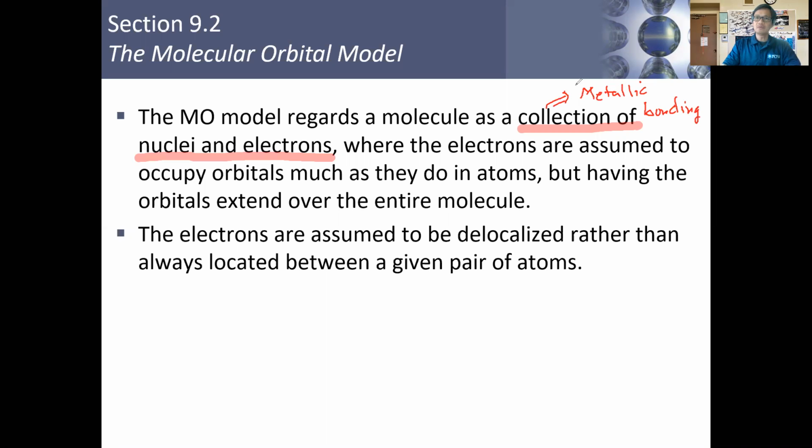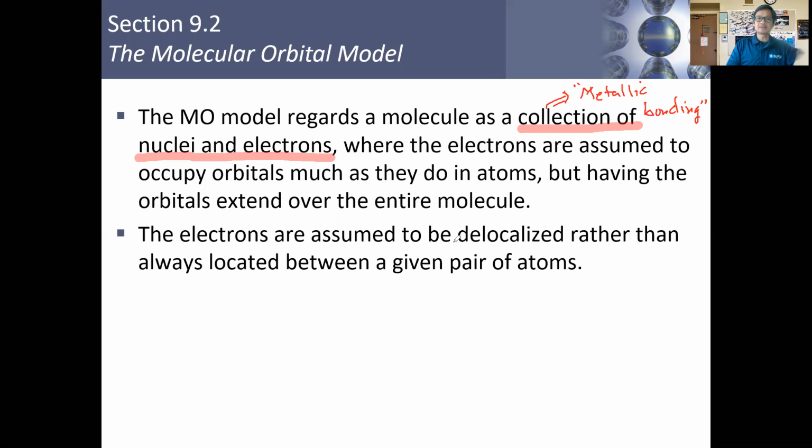And so the molecular orbital theory treats these molecules as a collective. It's a collective of nuclei in which electrons are moving throughout the molecule. That allows us to discuss the delocalization of these electrons. With the sea of electron model, remember we had the electrons flowing throughout.